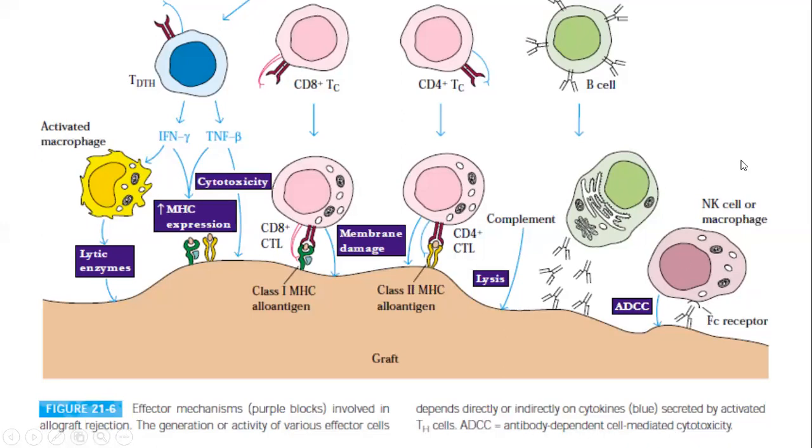It also involves production of cytokines, but the cytotoxicity is mediated by the antibodies, not the T lymphocyte. Basically, it calls an NK cell or a macrophage based on the Fc receptor on the antibody. The NK cell recognizes the graft, induces ADCC and eventually kills the graft.